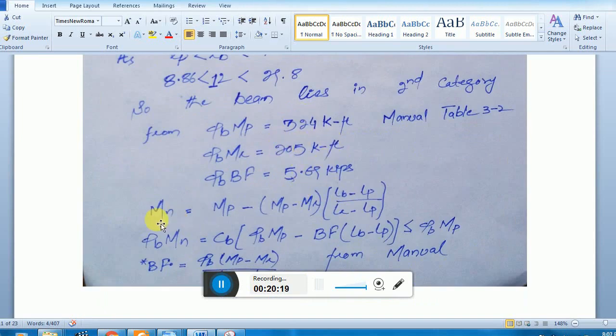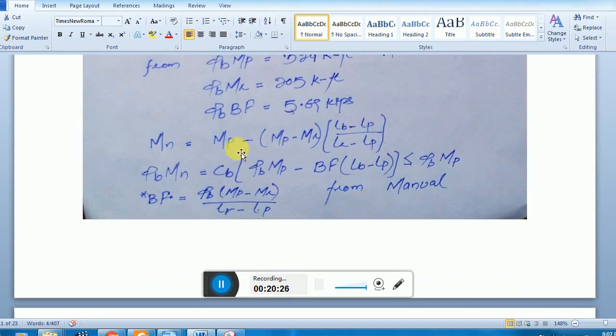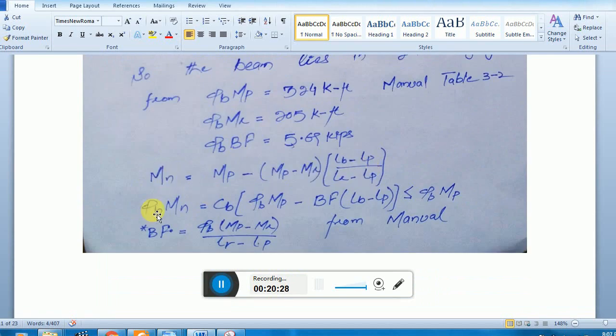So they just need to put these values into this equation. Now you have this equation, you need to multiply all the factors. They multiply phi b factors with all those. Now you must note down that Mp minus Mr equals BF, clear? And phi b Mp, Lb minus Lp. Mp minus Mr divided by Lr minus Lp is equal to BF.